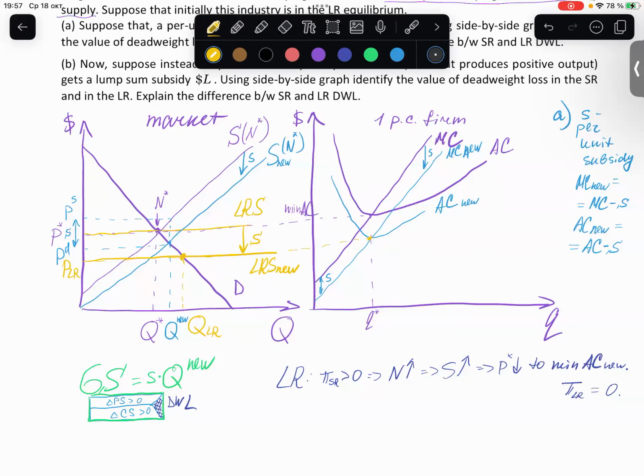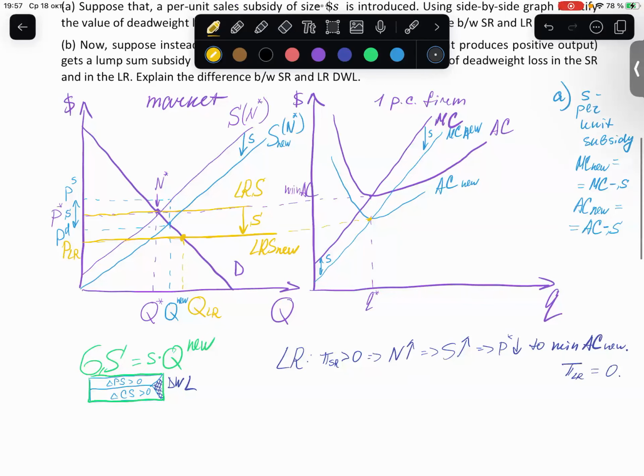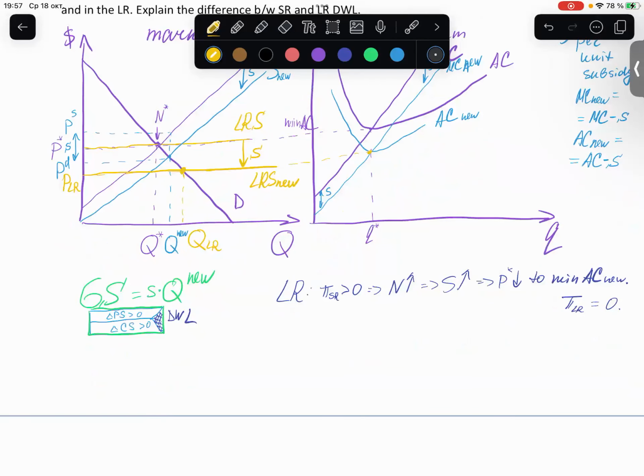As always, government spendings are equal to the subsidy multiplied by this new quantity in the long run. So this area, the subsidy multiplied by the new quantity, is the government spendings.